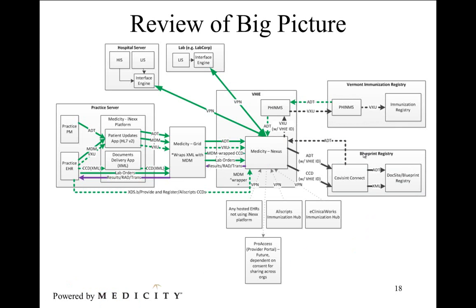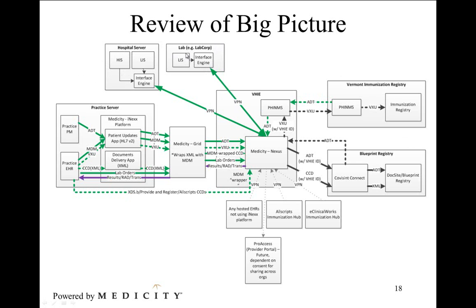So that brings us back to the big picture. Hopefully we talked about the 3 types of connections: the data providers, the data receivers, and the registries. If we look back at the picture, when you first saw it, you probably thought, oh my gosh, this is so crazy. And now that you have a little more information, we can go through it. Here are some data providers where we have green arrows going to the VHIE.